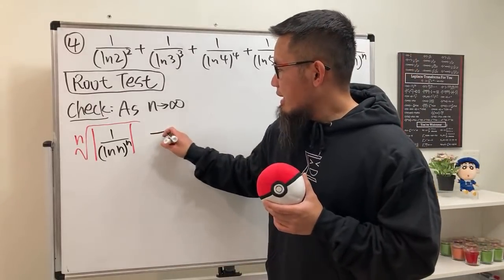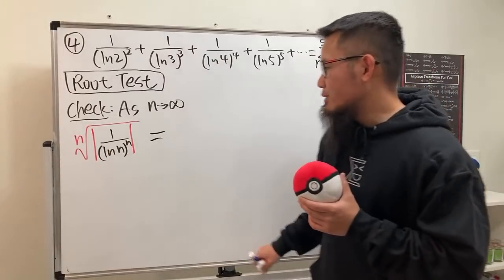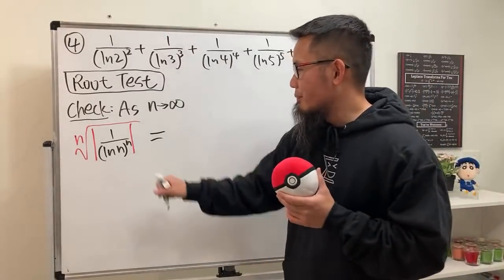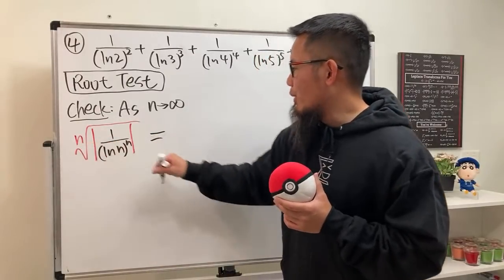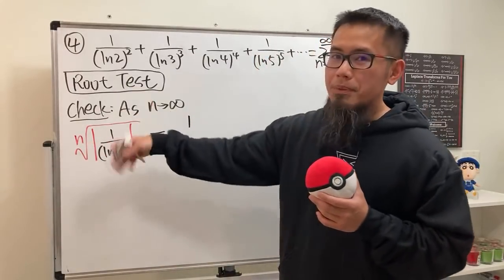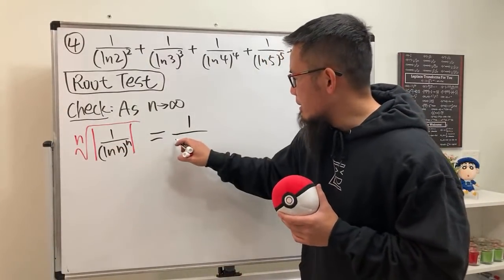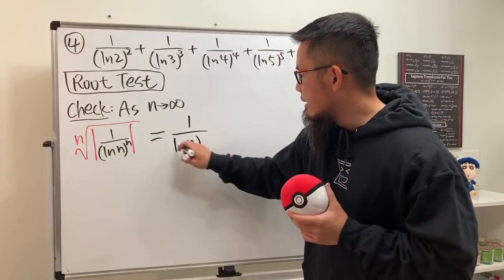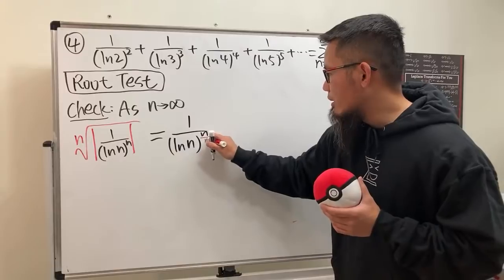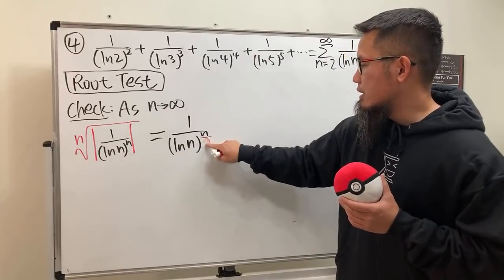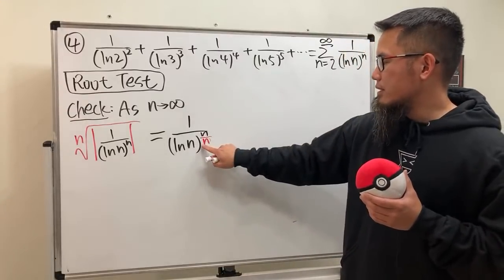The nice thing about this is that when you take the nth root of 1, it's just 1, and we can drop the absolute value because everything inside is positive. And then this right here becomes ln n raised to the n, but you divide it by the nth power. So this is the idea, right? So this is the power.